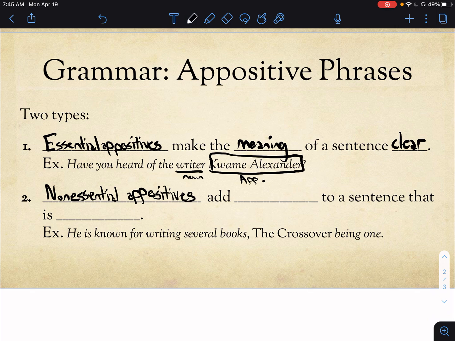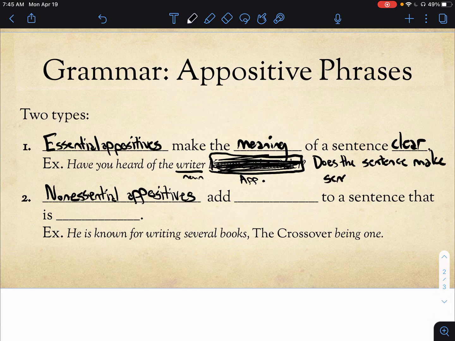Now, what we mean by clear is, if we were to take this appositive out, and this is what I would always recommend you do to find out if it's essential or non-essential, if we took it out, we just went, have you heard of the writer? Ask yourself, does the sentence still make sense?